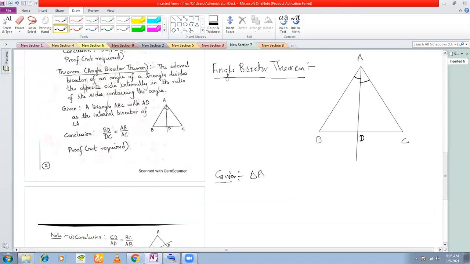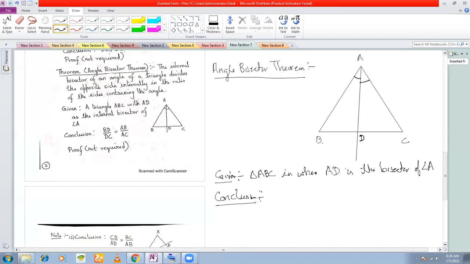Triangle ABC, in which AD is the bisector of angle A. Okay, so therefore, what can you conclude here?